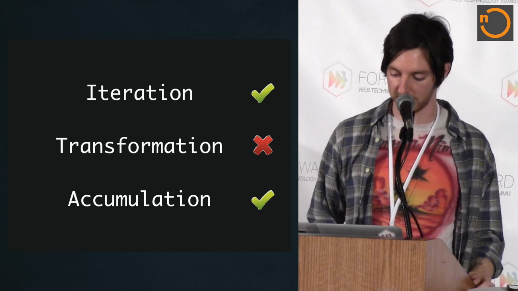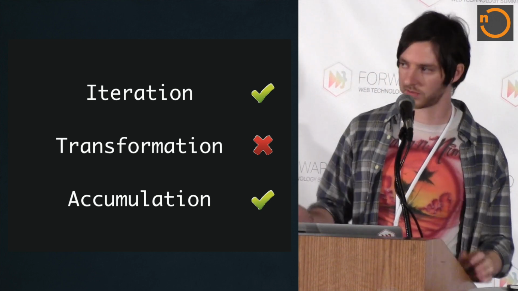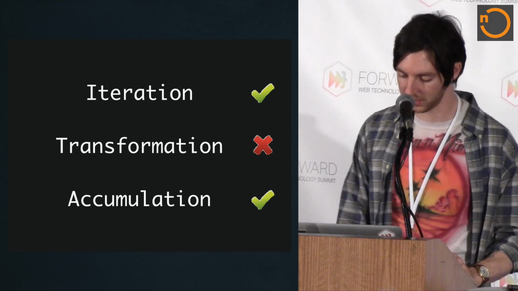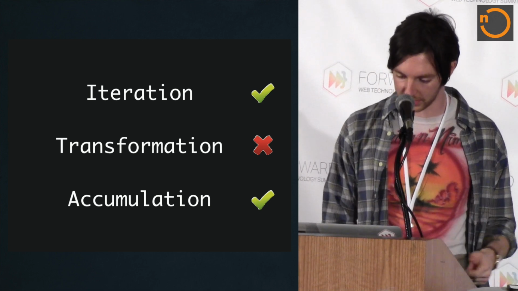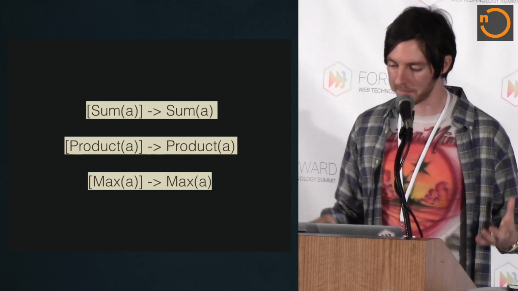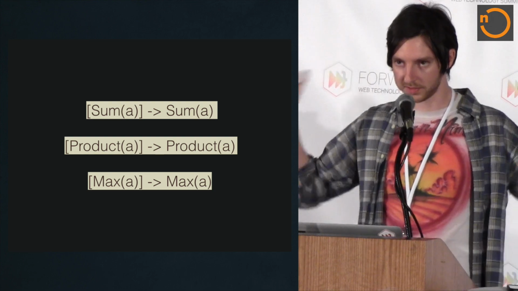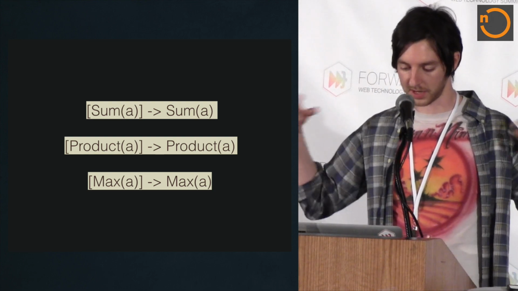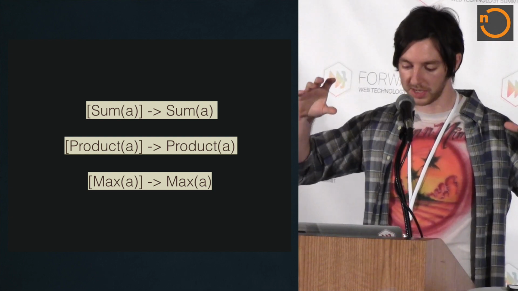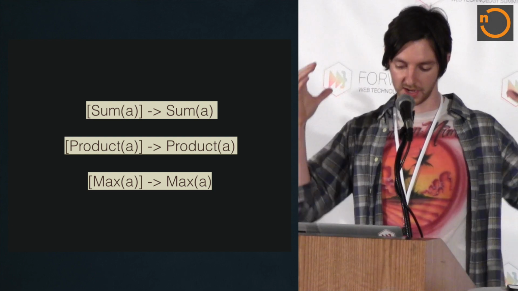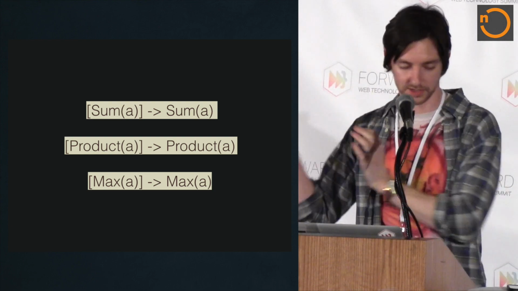We're killing it there. So this is kind of different from transducers. And in fact, there are monoidal transducers that you can use. I'm not going to talk about them today, but you can kind of combine the two. So if you look at this type, we've got this array of sums, and it's going to give me a sum. Or a list of products, a list of max or mins, and it basically takes it down a type. Like we've got some type of another type, and it gives me that other type.